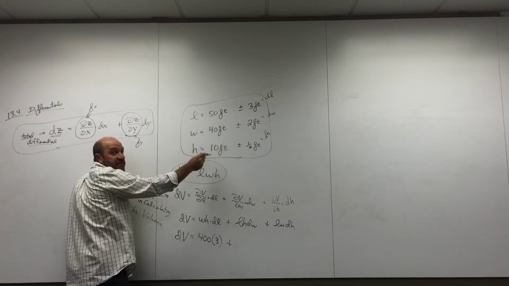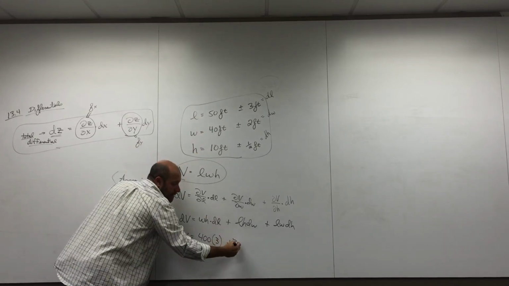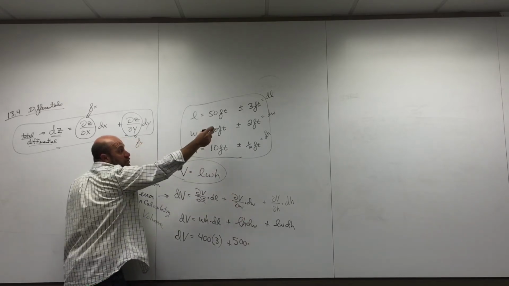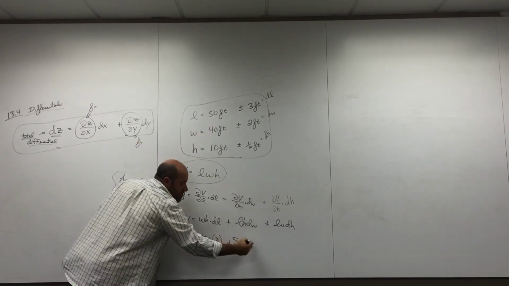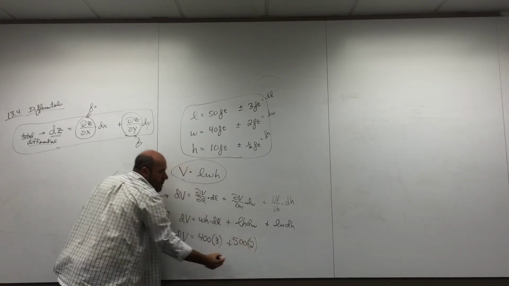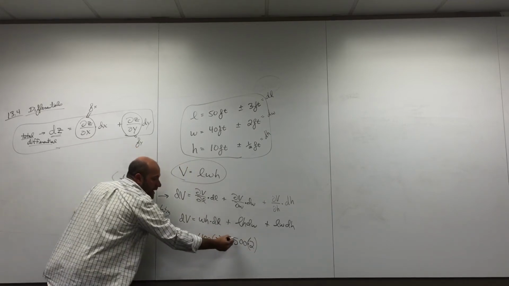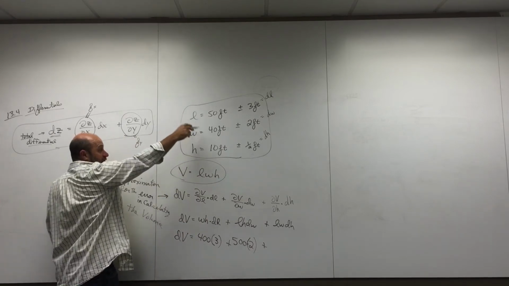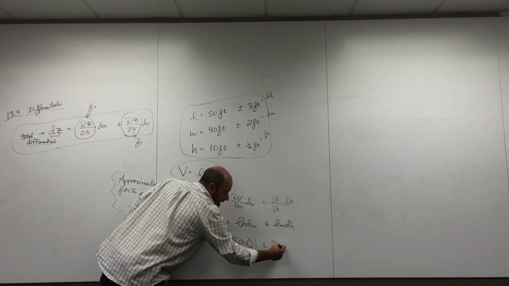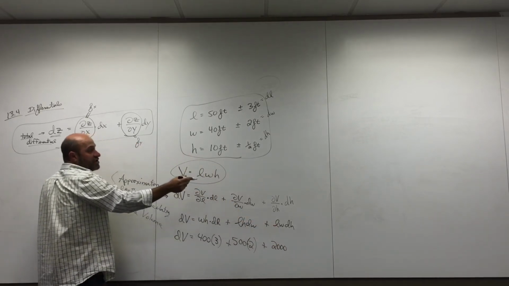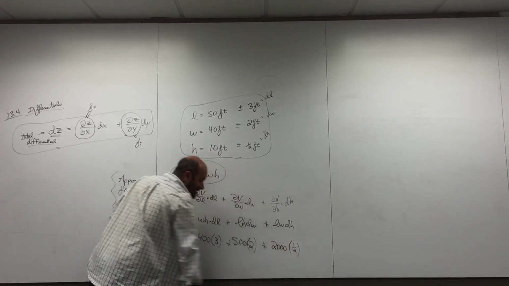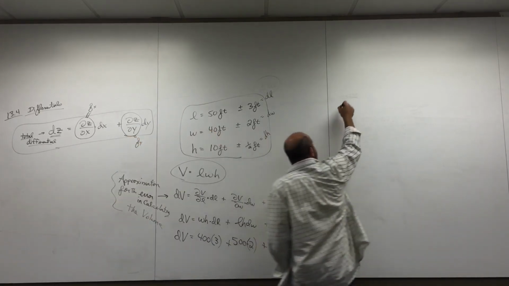I think LH is a 500, and dW is a 2. You guys okay? And then LW, 2,000, and dH is a half. This is awesome.